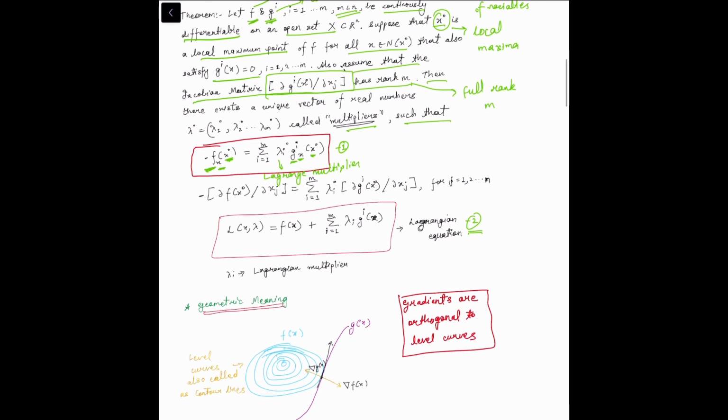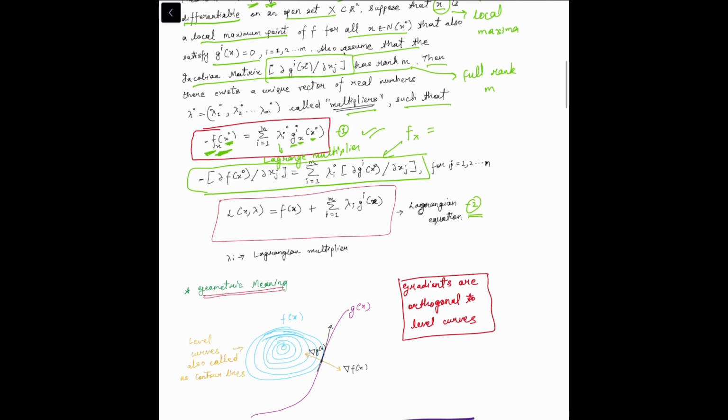Remember that even though this equation number 1 of the Lagrange multiplier involves the first derivative, it is in terms of the differentiation operators.